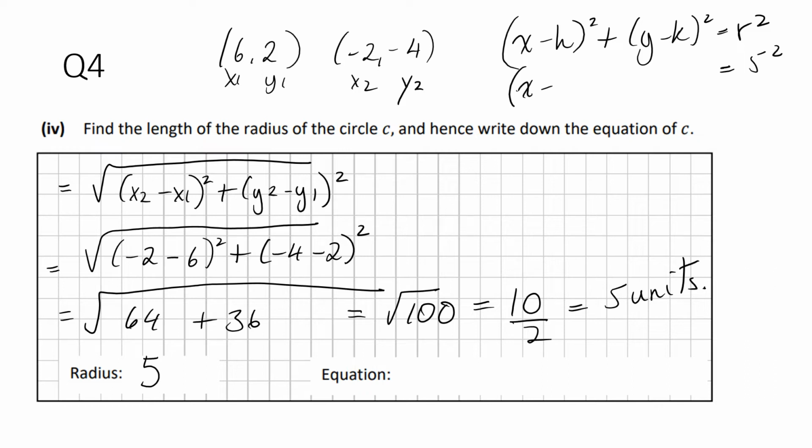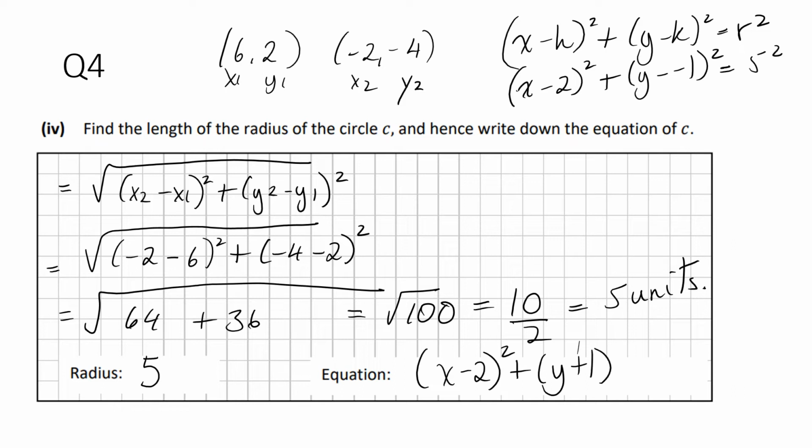So it'll be x minus 2 squared plus y minus a minus 1 squared. So that's x minus 2 squared plus y minus the minus 1 is just going to be a plus 1, and 5 squared is 25. So that is the equation of your circle.